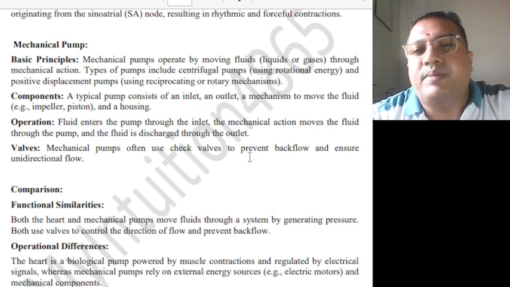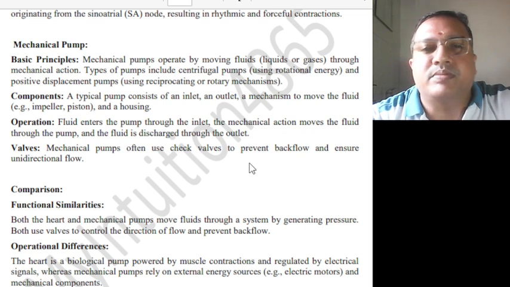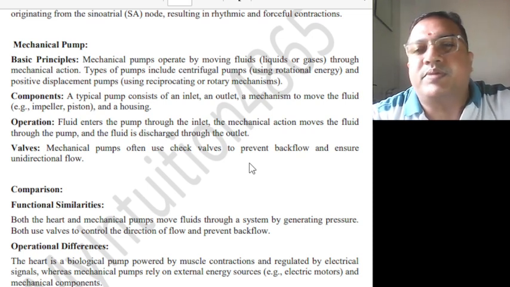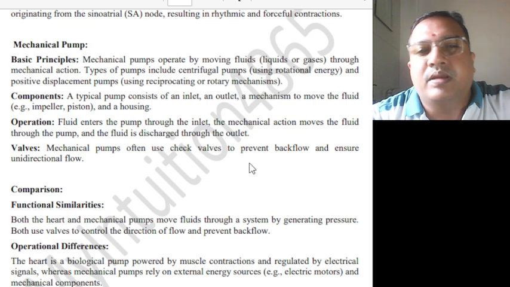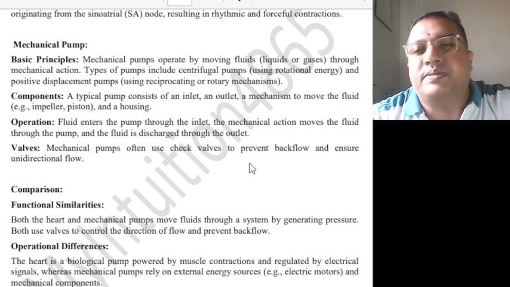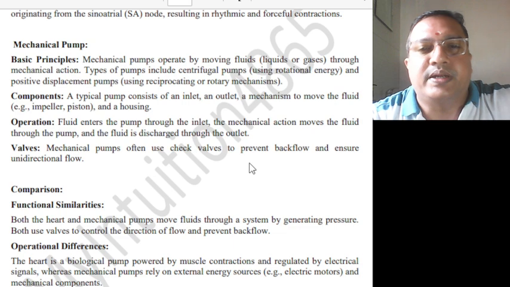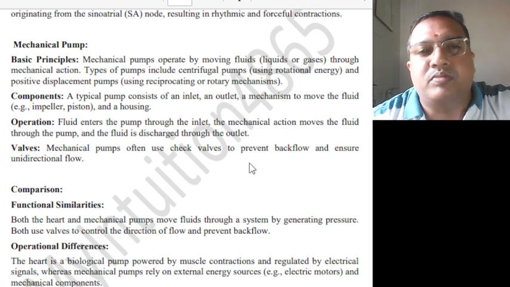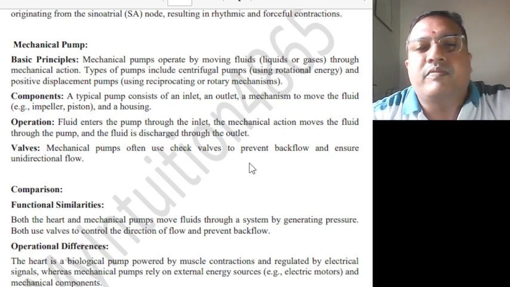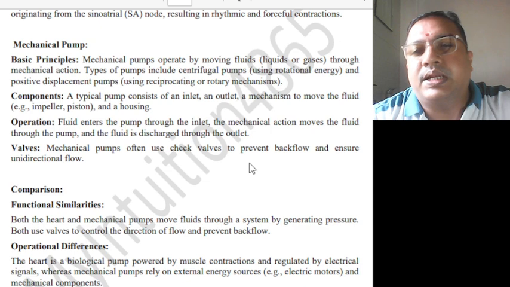Mechanical pumps operate by moving fluids, liquids, and gases through mechanical action. Types of pumps include centrifugal pumps, positive displacement pumps, and the components. A typical pump consists of an inlet and outlet, a mechanism to move the fluid, like an impeller or piston, and a housing covering that. Fluid enters the pump through the inlet.